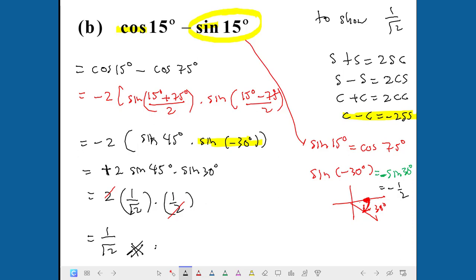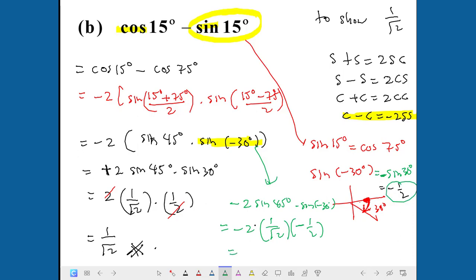Negative 2 sine 45 times sine negative 30 is equal to negative 2 times 1 over sec 2 times negative half. Negative times negative, cancel, and the answer is 1 over sec 2. And settled for this part.